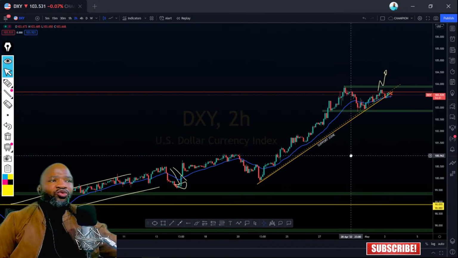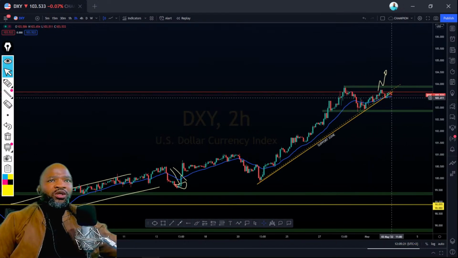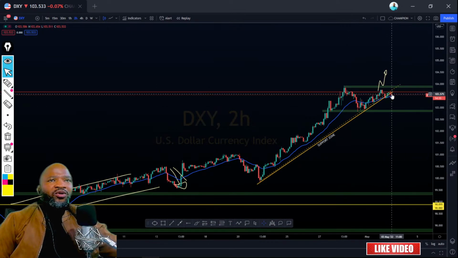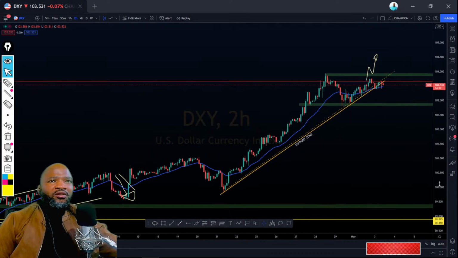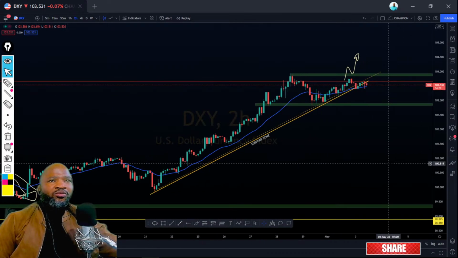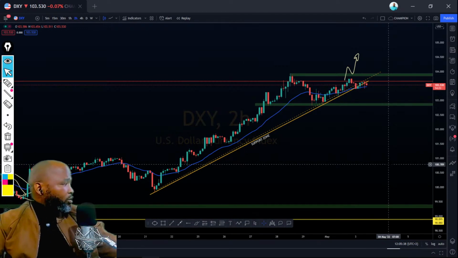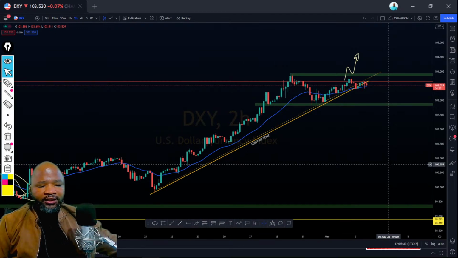Very bullish. It seems like it's about to break, or it has broken out of, this support zone. Just have to wait and see.